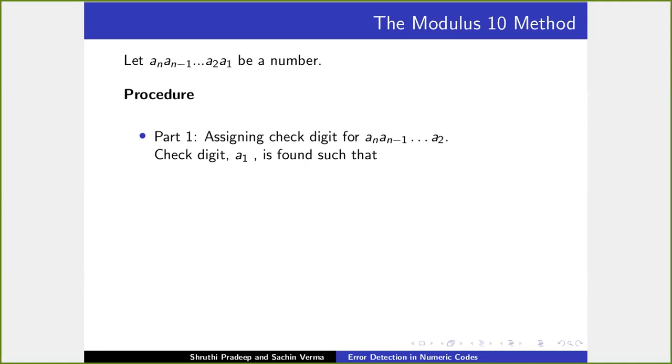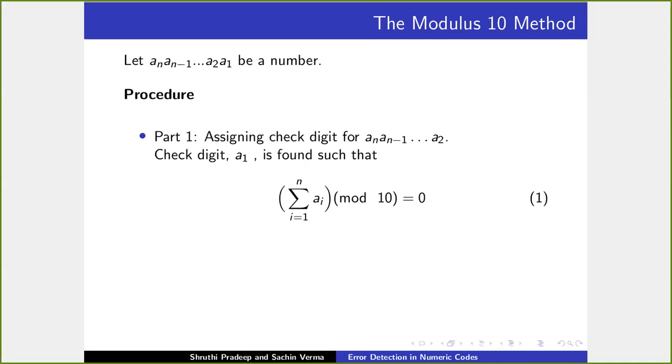If we don't get 0, we say that the number is not valid. This is the formula: summation of a_i, where the a_i are the digits, written from a_n minus 1 and so on, and a_1 is the units place.